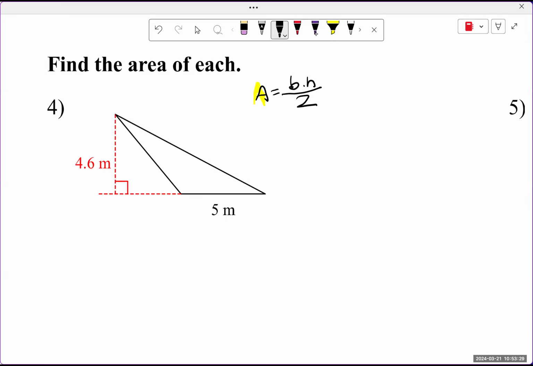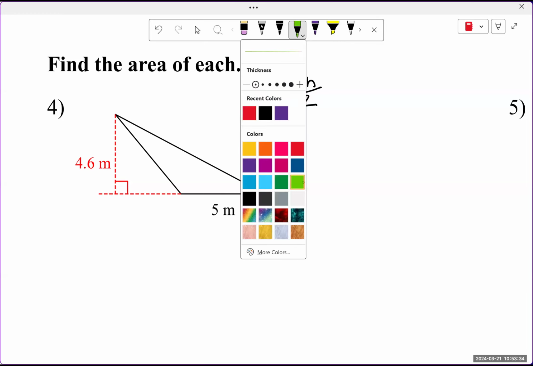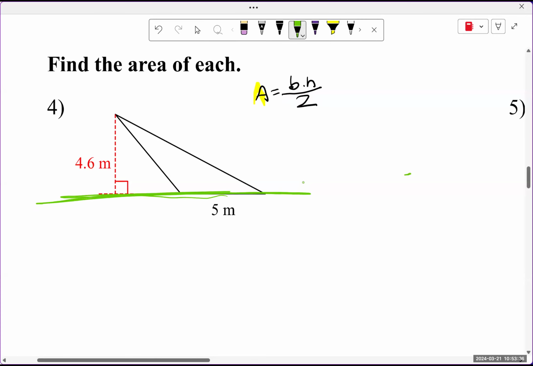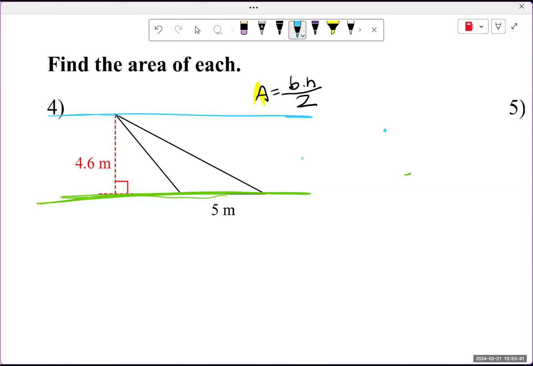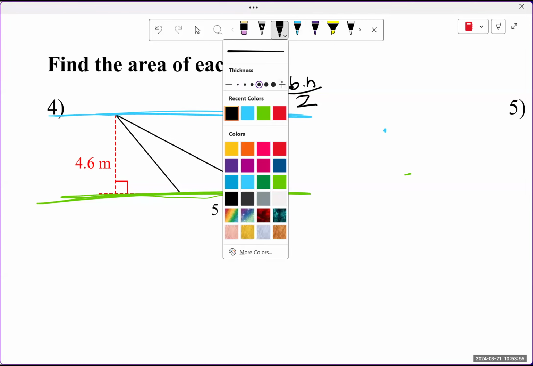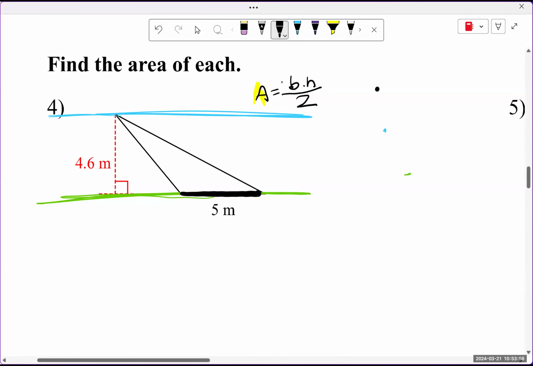Now, the height, how can we determine the height? Let's draw some grass on the ground. Let's draw the blue sky. So the height is the distance from the ground to the blue sky. Now the base is where the triangle touches the grass, only where the triangle touches the grass.